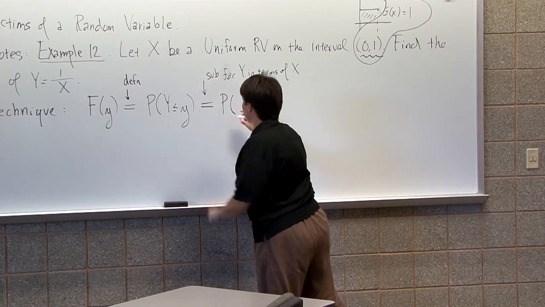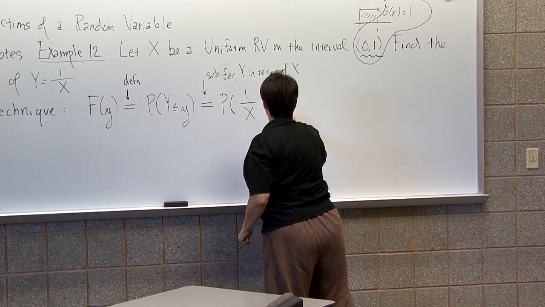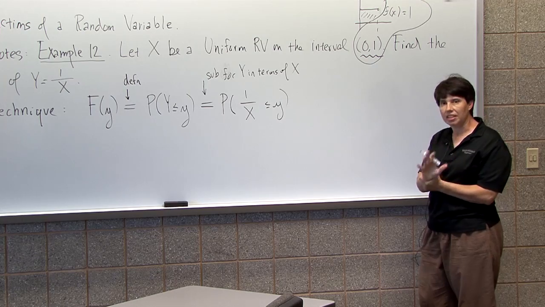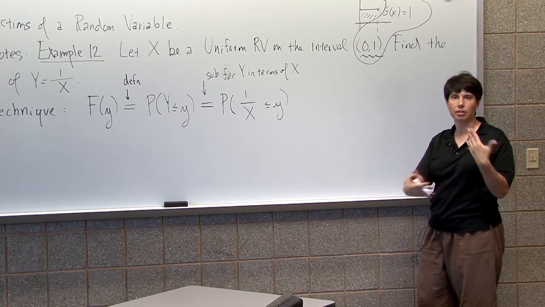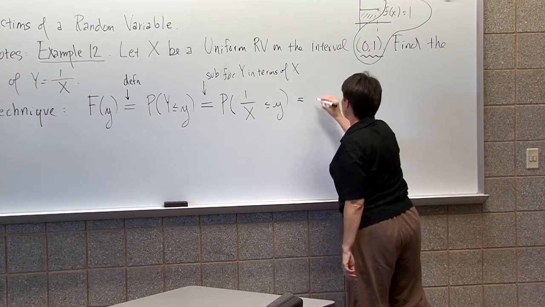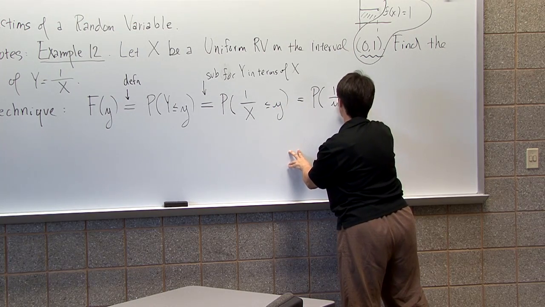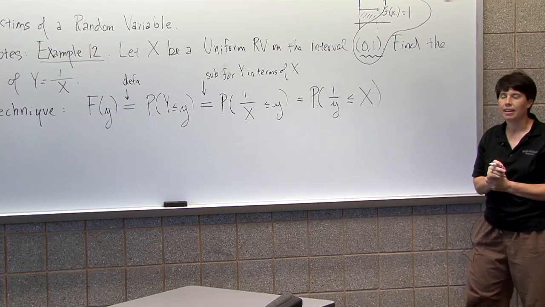This is probability 1 over x is less than or equal to little y. Okay. Again, if I can just get x isolated, I can look at the integral that I would make up to then move further. So I'm going to do a little cross multiplying. So this will be 1 over y less than or equal to x, like that.